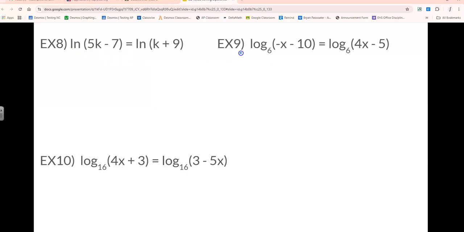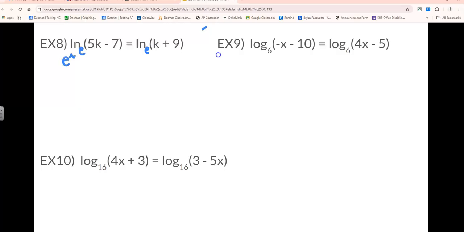But in this case, if I have a natural log on both sides, what is the base for a natural log? It's weird. It's not a number, it's a letter. It's e, even though it really is a number, right? e is kind of like pi. So if I want to get rid of a natural log, then I need an exponential on both sides.